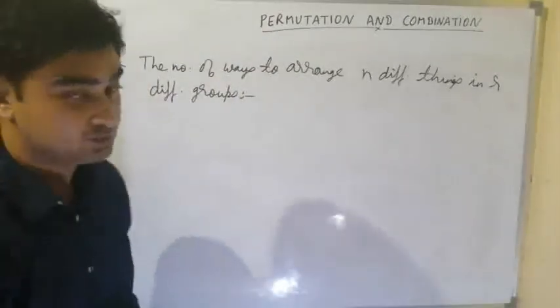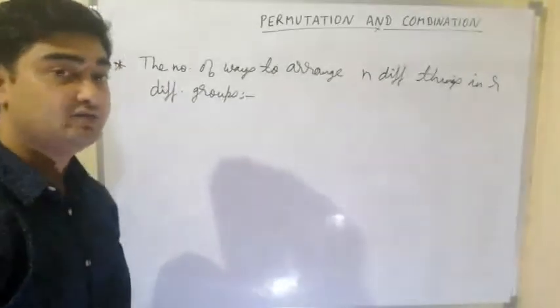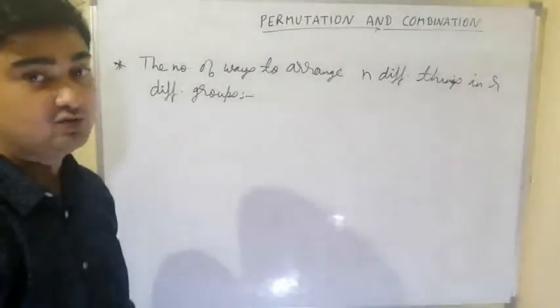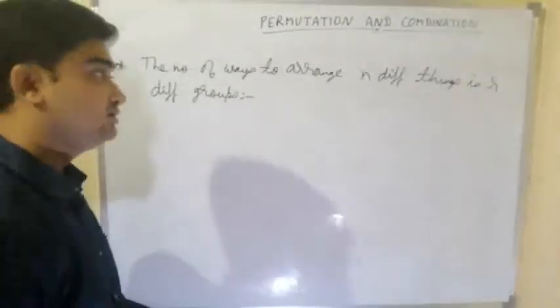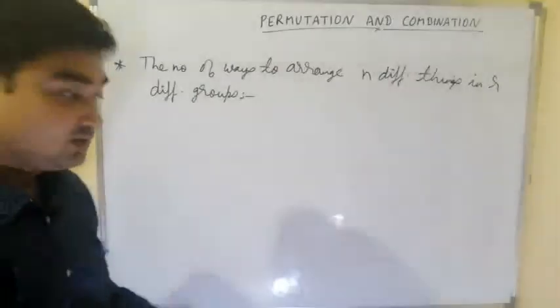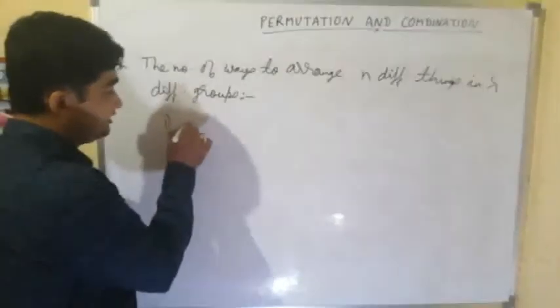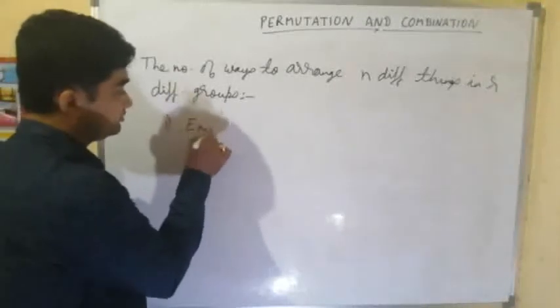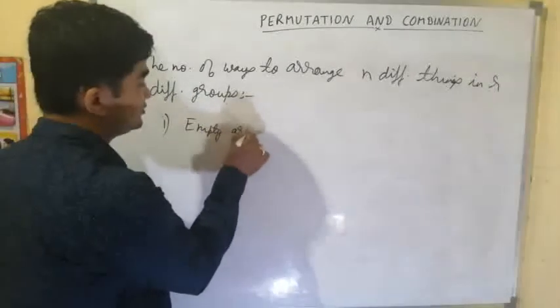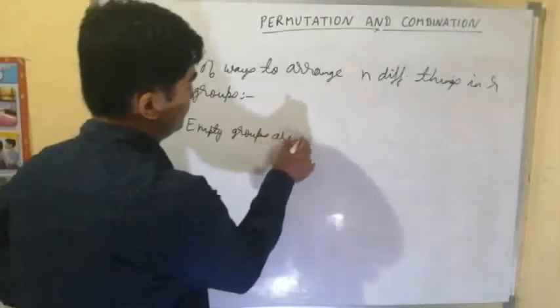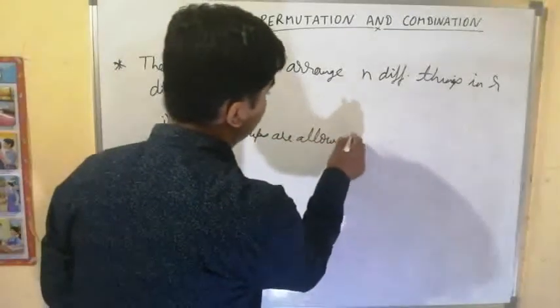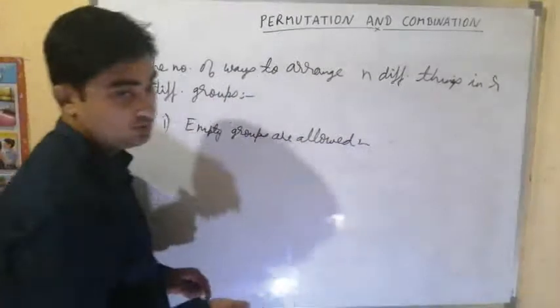If the size of the group is not given, then it is our prerogative, our choice, to decide the size of the group. Now there can be two possibilities. Possibility 1, that empty groups are allowed. We have to divide into r groups, but some groups can be empty also.